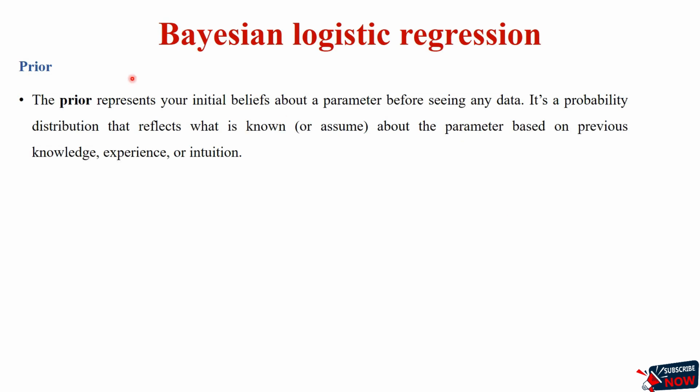Bayesian logistic regression. Prior. The prior represents the initial beliefs about a parameter before seeing any data. It's a probability distribution that reflects what is known about the parameter based on previous knowledge and experience.